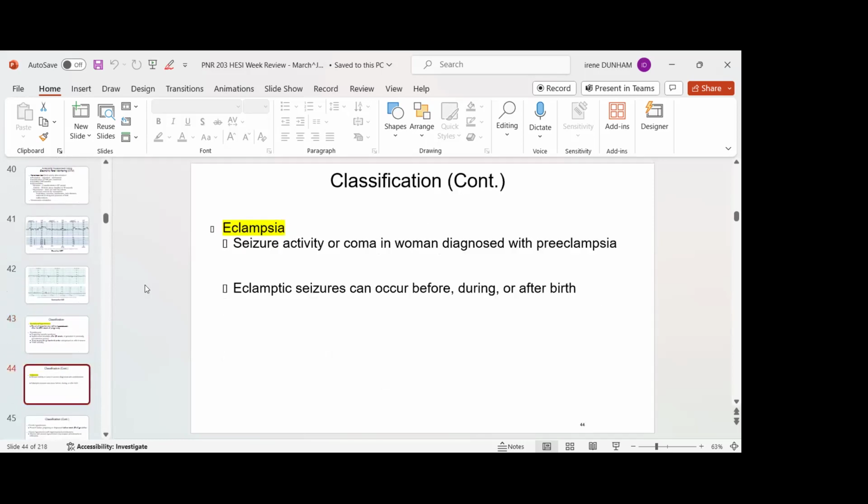And we want to keep it as preeclampsia because it can get worse. And we talked about all those warning signs, remember? Okay, so if it gets worse and she comes in, she's already seizing on you, now she has what we call eclampsia. This is seizure activity or coma in women diagnosed with preeclampsia.